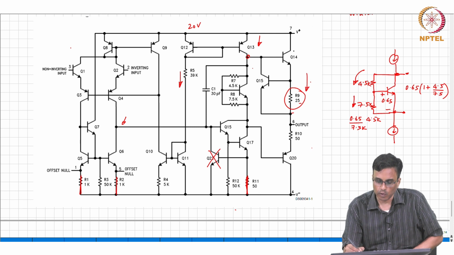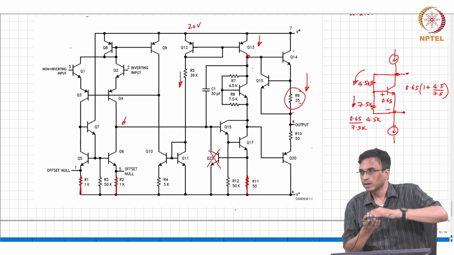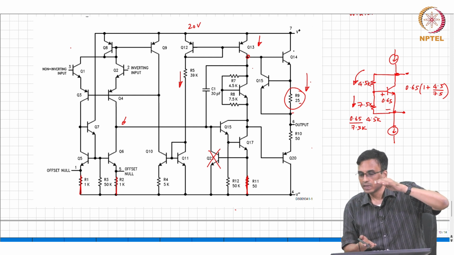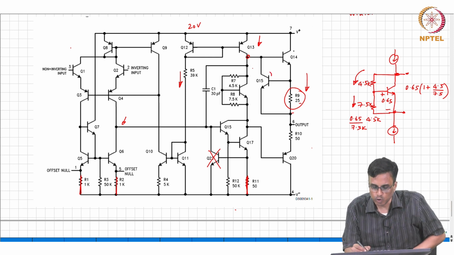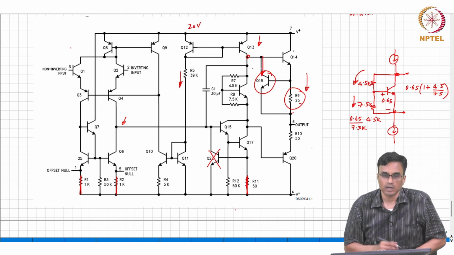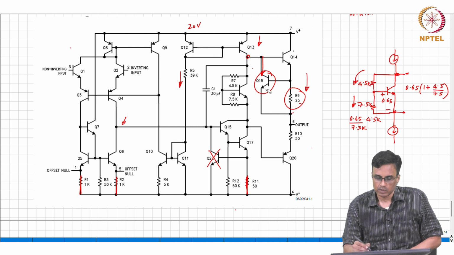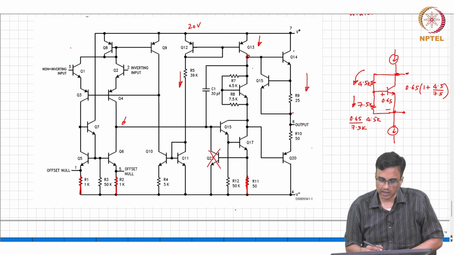If a large current flows here, what will happen? The voltage across that R9 will keep increasing. Once it becomes very large, then Q15 will conduct, and then simply pull out all the base current that is necessary for Q14 to operate. Okay. So, this is short circuit protection.